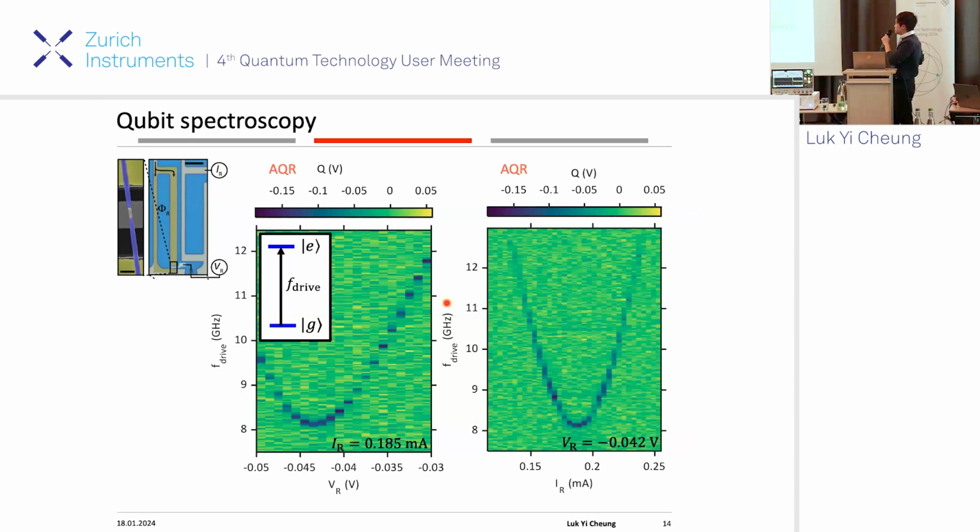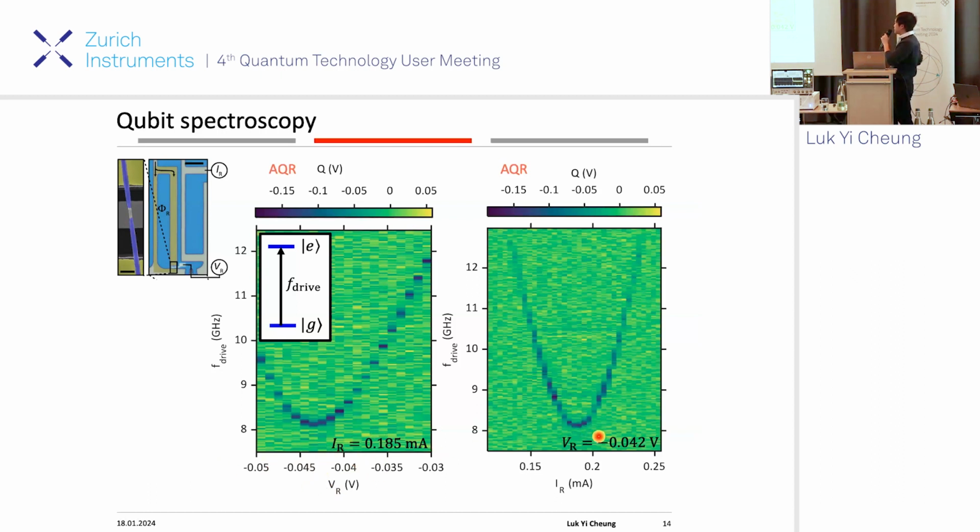Here, the two spectra show the two-tone spectra as a function of the gate voltage and also as a function of the bias current. And indeed, we see like, hey, there is an even parity transition, which can be tuned both by the gate voltage, again, by tuning the transparency.